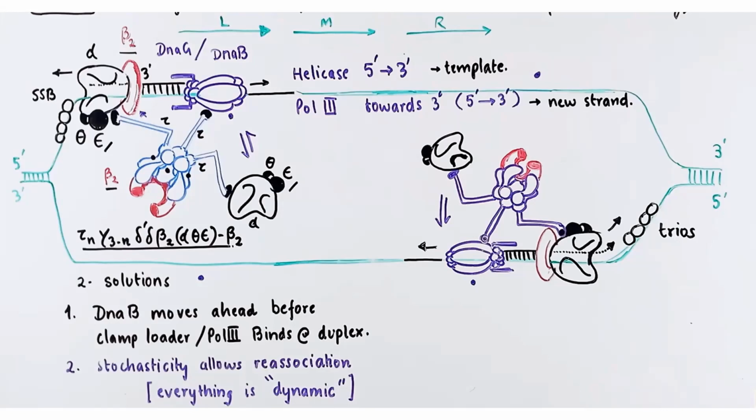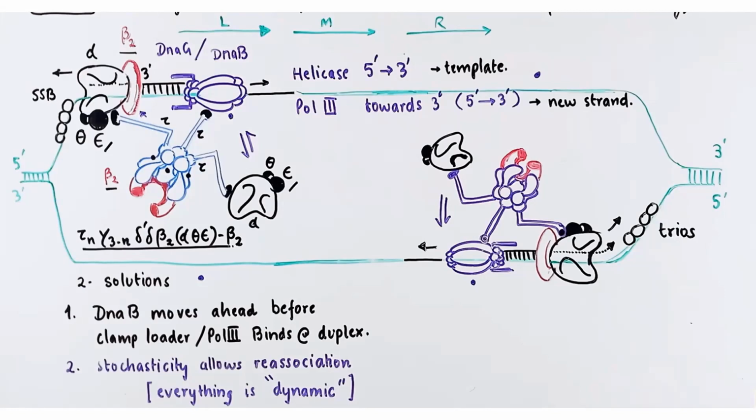It usually comes with the epsilon and theta subunits. The epsilon is the proofreading subunit which has the exonuclease activity, whereas the theta stabilizes the epsilon onto the alpha domain. We will discuss them in the elongation process.